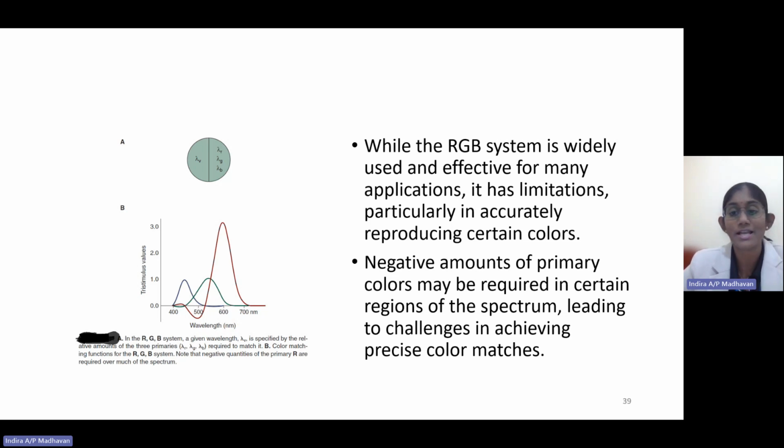achieving precise color matches. Okay, so basically what is plotted here is, if let's say I want to match about 605 nanometers around here.